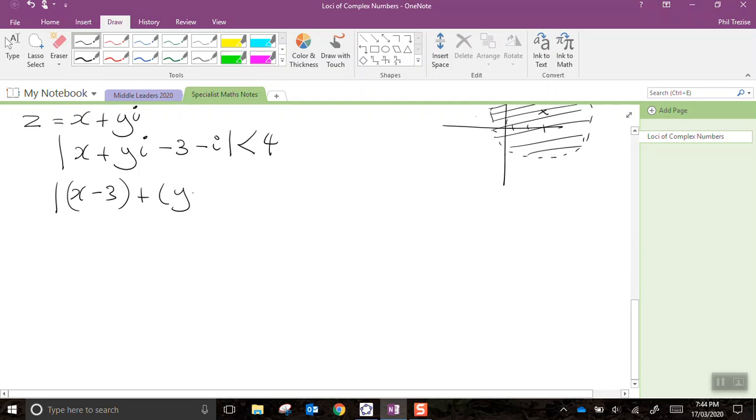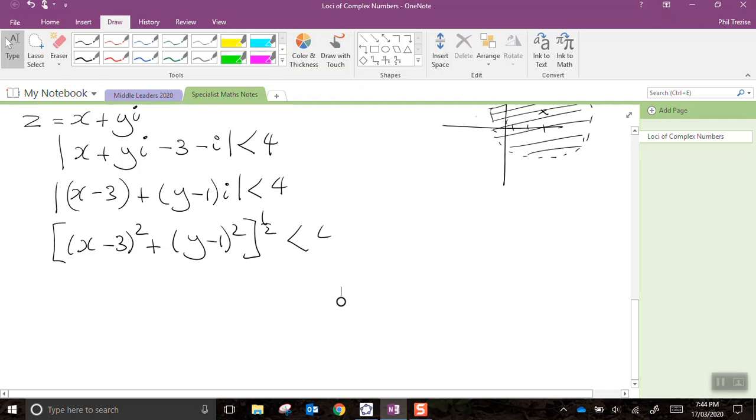The imaginary part y minus 1. Then the modulus means to square the real part, square the imaginary part, all to the power half is less than 4.